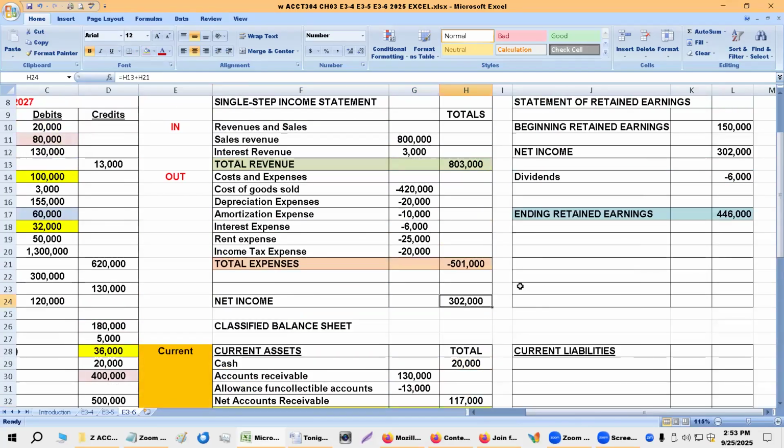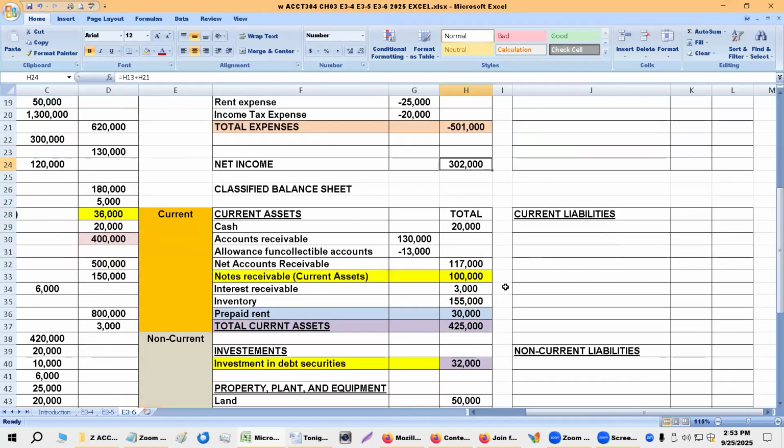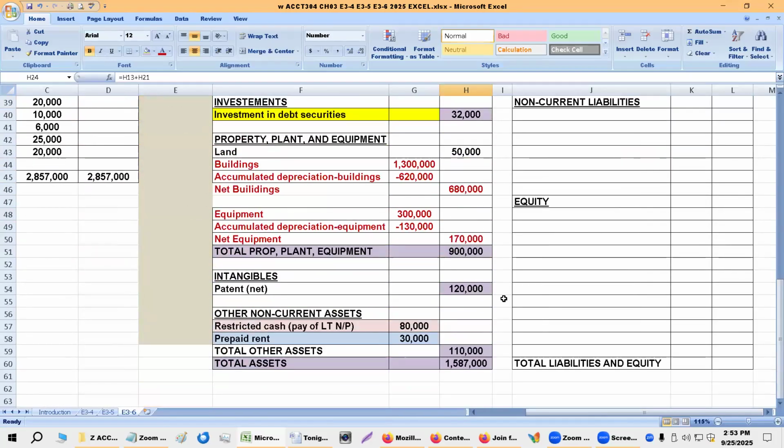If you just believe it, you get in trouble. When you're doing auditing, you're preparing to go into court. If you get sued, what do you do? You need to have all your numbers correct.